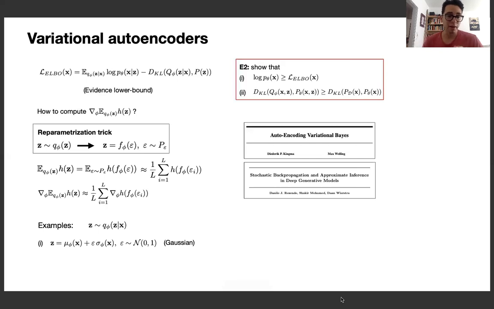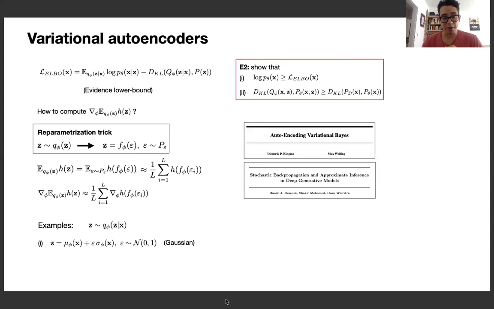We can sample from a Gaussian if we write our f of phi function as a combination of these two functions, where mu is the parameterized mean, again a neural network, and then there's some noise that comes from a Gaussian, and then there's sigma, which is the standard deviation.